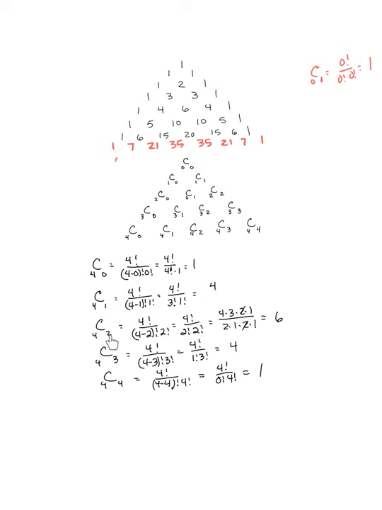And for 4 things taken 2 at a time, it's 4 factorial over 4 minus 2 factorial times 2 factorial, and if you work that all out, it comes out to be 6. So it is pretty darn amazing that these numbers in Pascal's triangle actually work out to the combination of n things r at a time in this wonderful pattern.